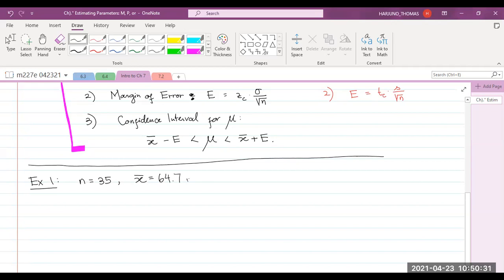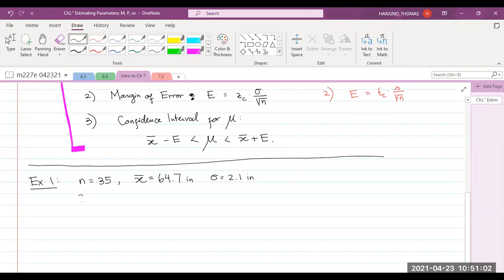Now we know that the standard deviation of heights for adult students is, let's say, 2.1 inches. Of course, these numbers are all hypothetical, but suppose we have this. We sample 35 students, the average height is 64.7 inches, and we know the standard deviation of students' height is 2.1 inches.